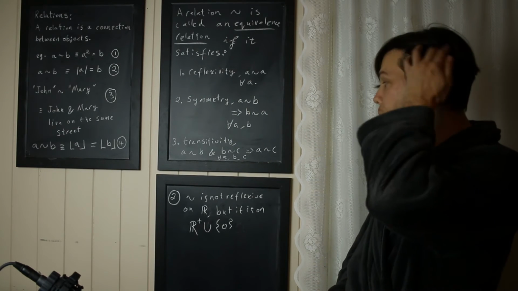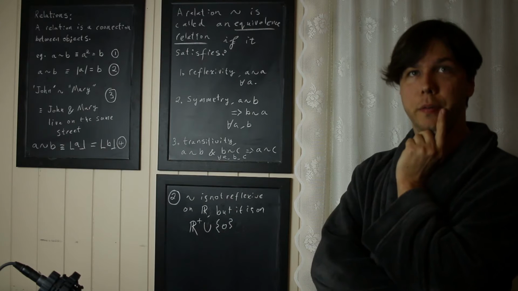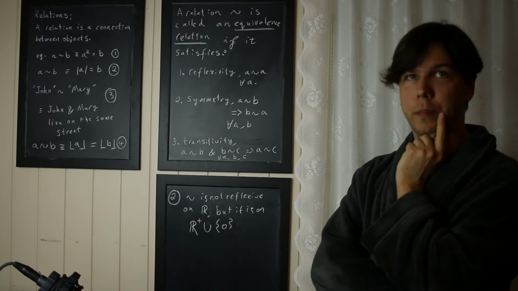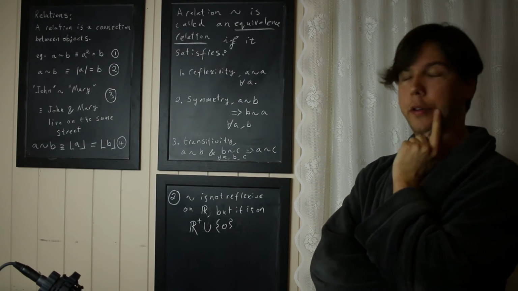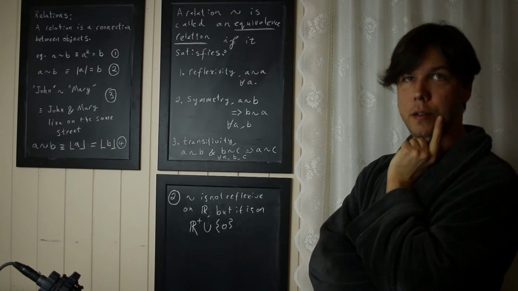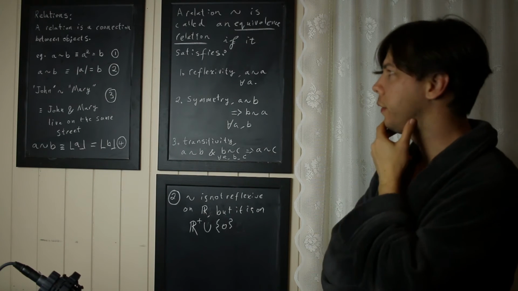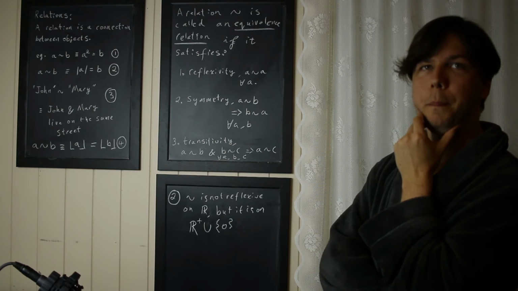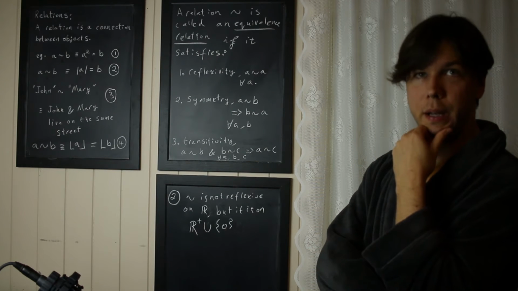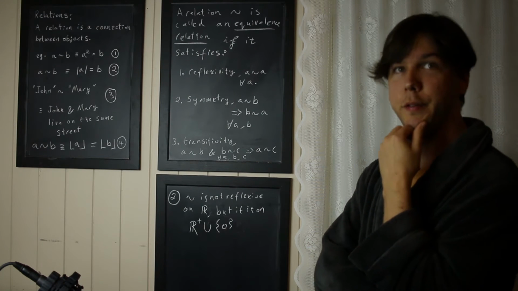So, it doesn't work on negative numbers, right? So if I put in a negative number and I take its absolute value, it becomes positive. So it's not equal to its own absolute value. But if we have positive numbers, that's fine.